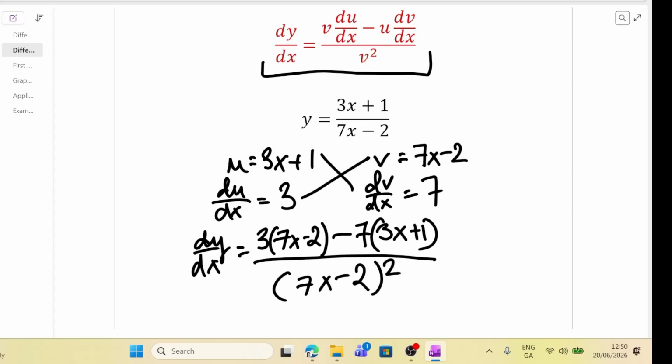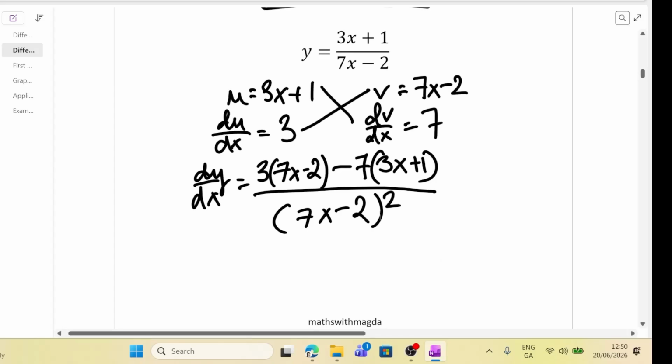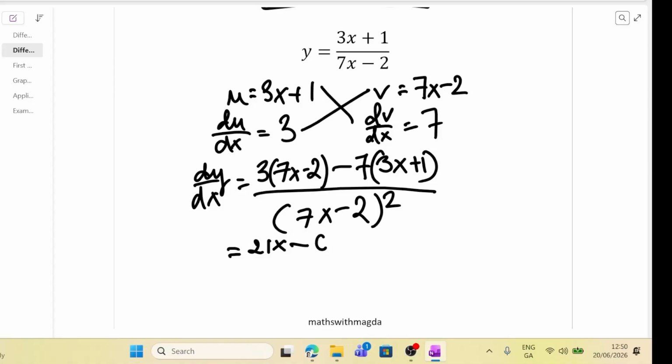So now what do I have to do with this? Now, I simplify the top, but my bottom stays with the power. I do not expand the bottom. So when I do that, I get the following: 21x minus 6 minus 21x, and then minus 7, all over 7x minus 2 to be squared.